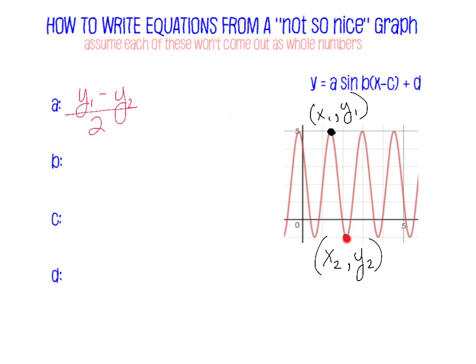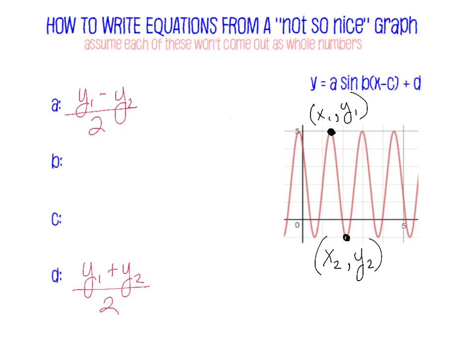All I want to know is the vertical distance between the two. I'm only going to be using the y's, still ignoring the x's. And to find the middle of two things, it's like finding the midpoint. I would add the y's and divide by 2. See how similar that is to the a value? You've got to keep track of what it is that you're looking to have happen there.